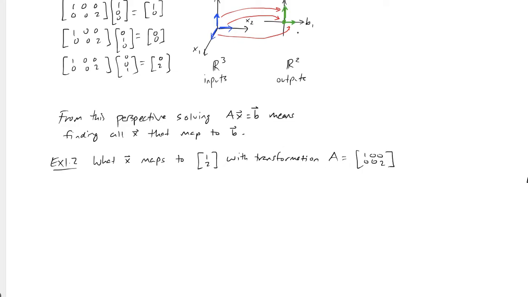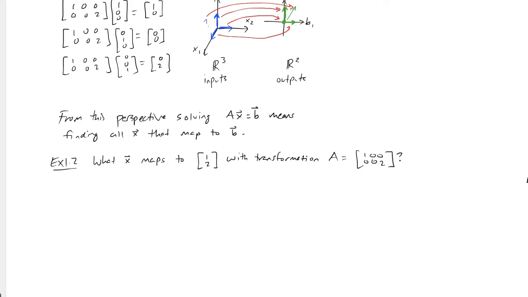Okay, so now we're reversing it. Now I'm giving you a b, (1, 2). We're looking at this particular b here. And I'm asking what vector here mapped to this b? What vector in this space got me b here?